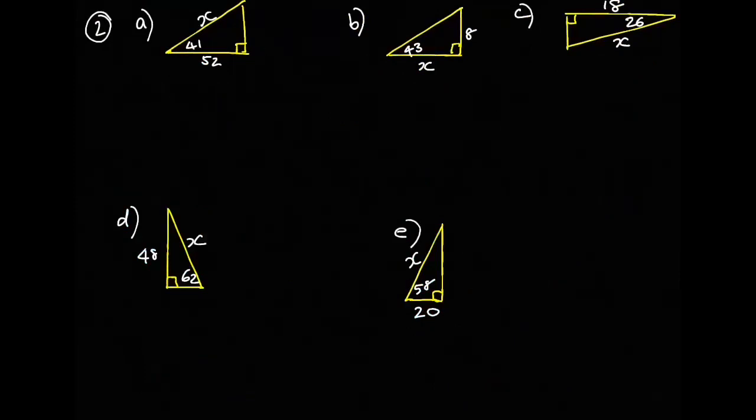Now these ones are just a tiny bit more complex, so we just work through them. So we've got the adjacent for part A, adjacent to the angle, and we've got the hypotenuse opposite to the right angle. So that gives us cos theta equals adjacent on hypotenuse. So cos 41 is equal to 52 on x.